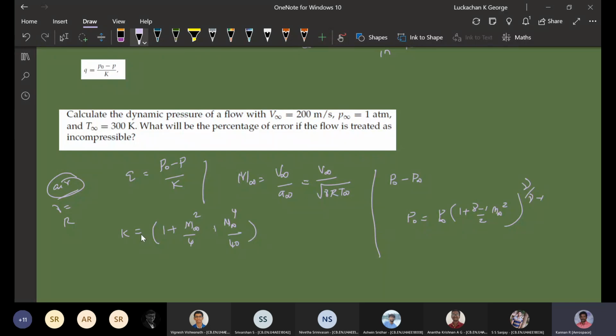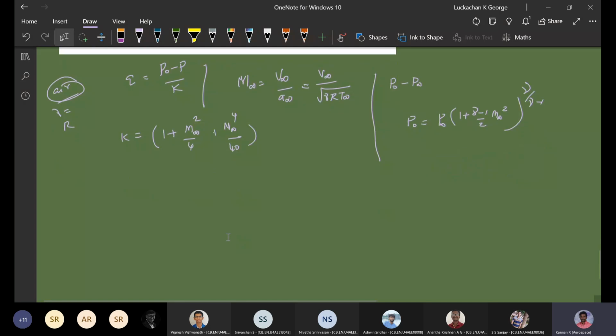So you get the P naught value, you know P infinity, substitute everything, get the value of Q first. So you can find Q is equal to P naught minus P infinity divided by K, already calculated. This is for the compressible form.